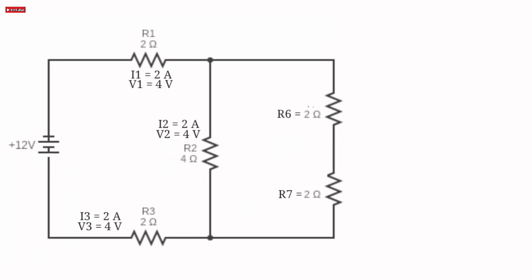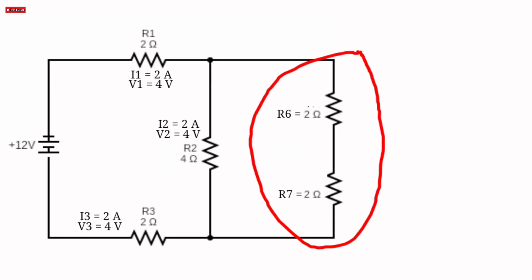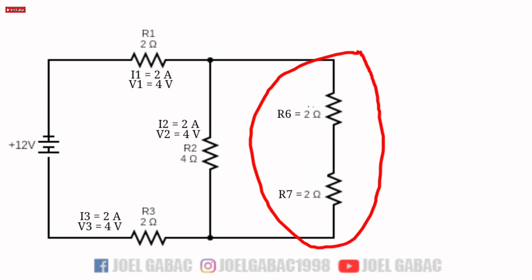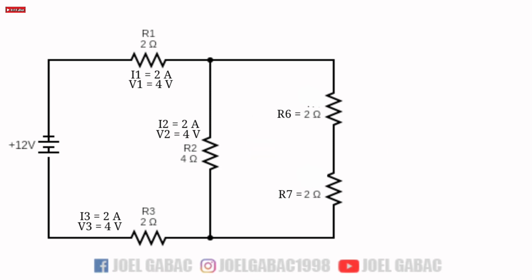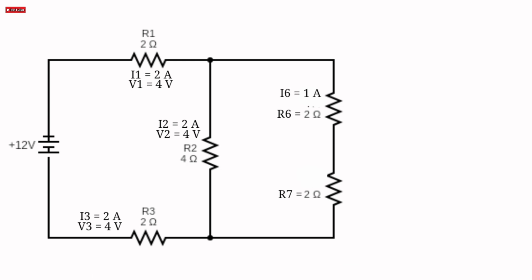Now, the only things we have left are these two resistors. Once we solve these two resistors, we will have completely solved our entire circuit. We know that in series, the current flowing through each of the components is the same. The current going through this resistor is 1 ampere, same as the second, 1 ampere.